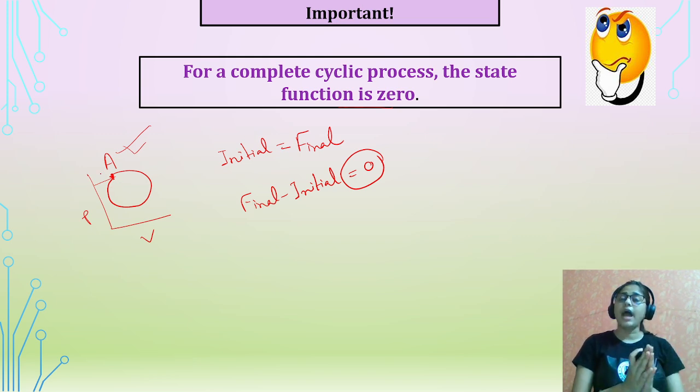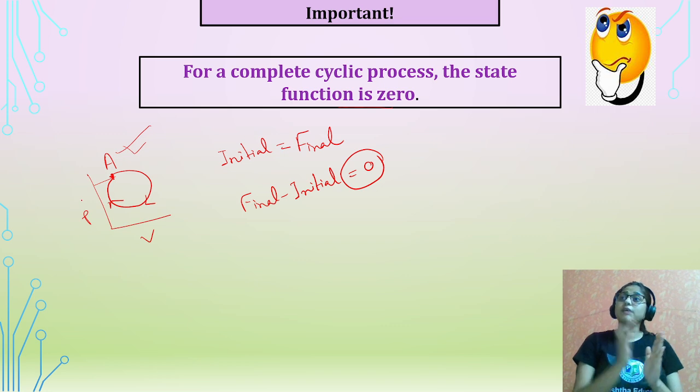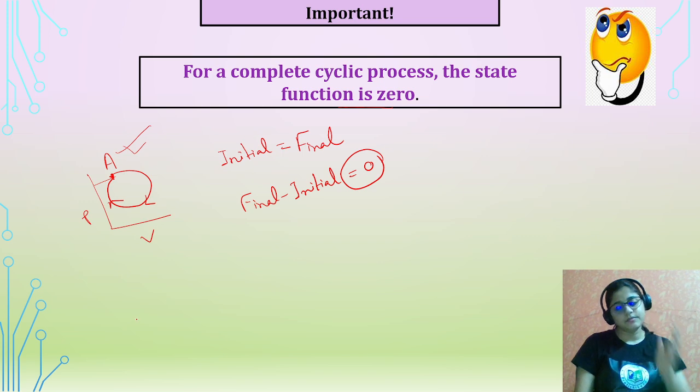You have done some work running along this circular path. That is the kind of thing that path functions follow. Clear? So for a cyclic process, the state function change will be 0 and the path function will be non-zero.